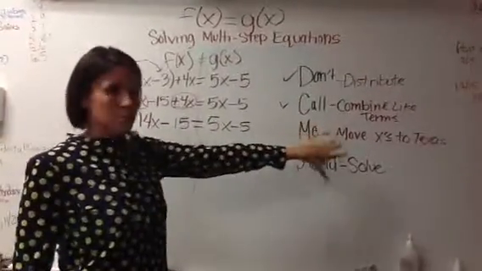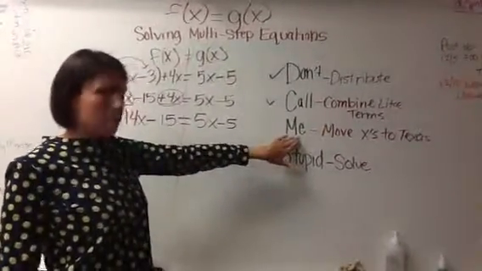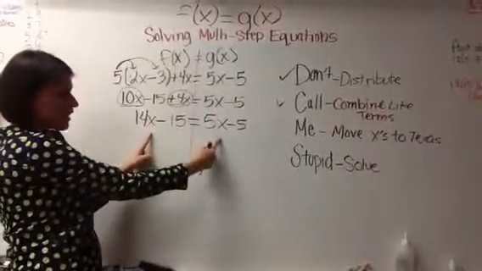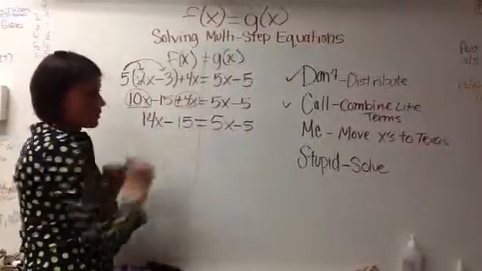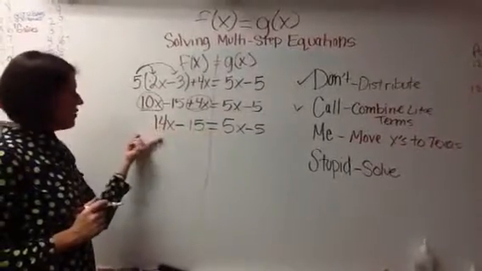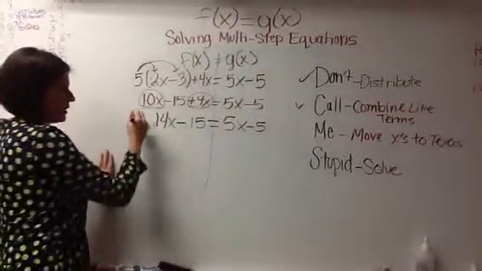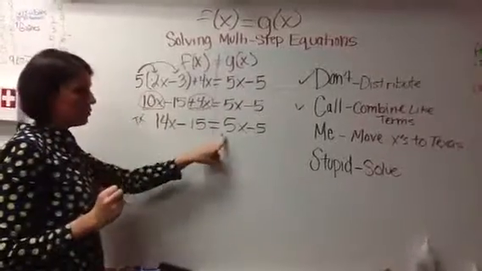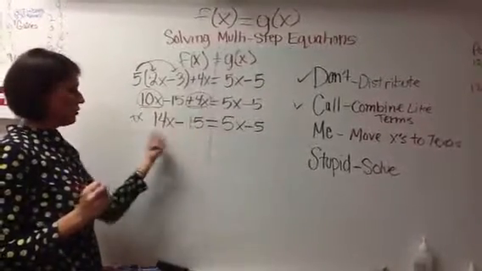I want to look at move x's to Texas. I'm looking for variables on both sides, and I see I have an x on both sides. So I look, which side has more x's? This side with a 14. That's my Texas. So I'm going to move this 5x over here.